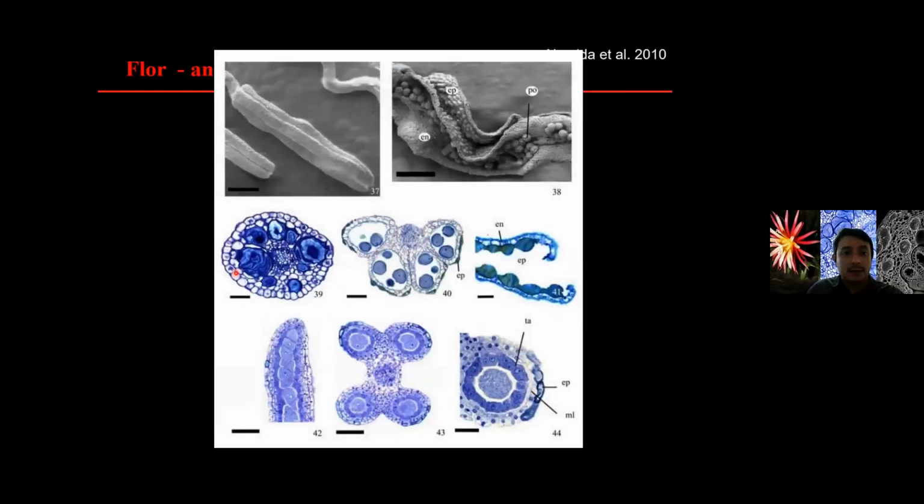And this is another point in the cactus flower that I think is very common for the entire family.